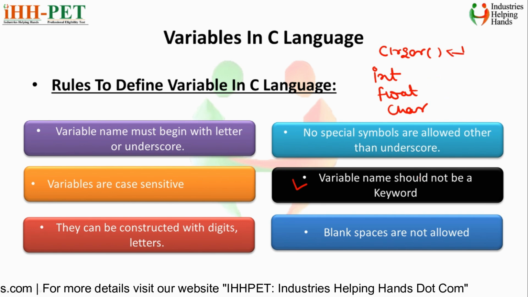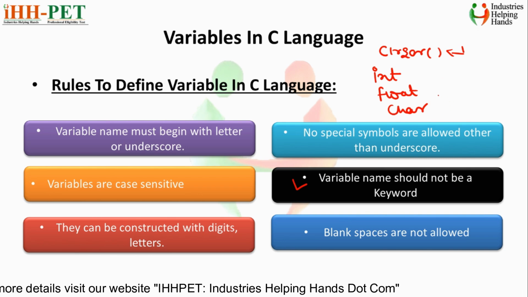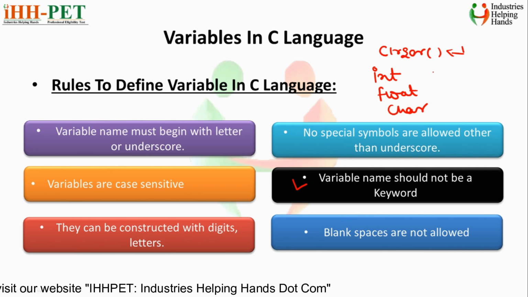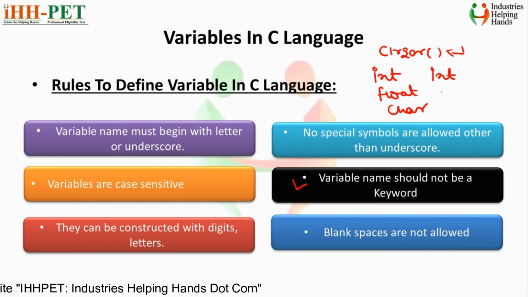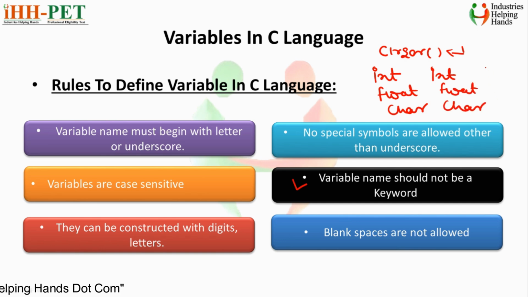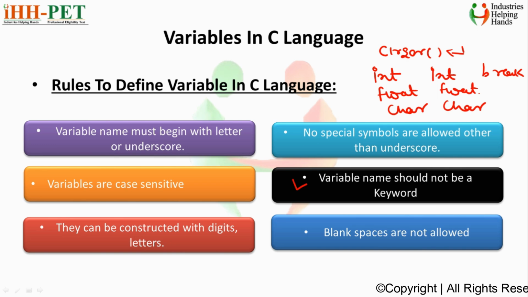So your variable name should not be a keyword. You cannot define a variable name as integer or float or char or break, because these are predefined keywords whose meaning is already predefined in the library of C language.